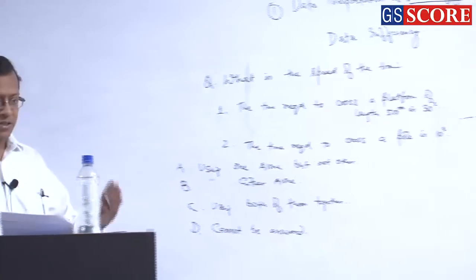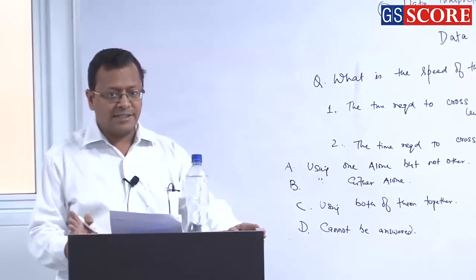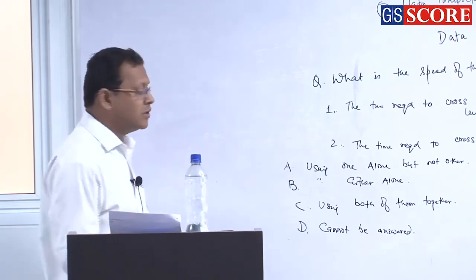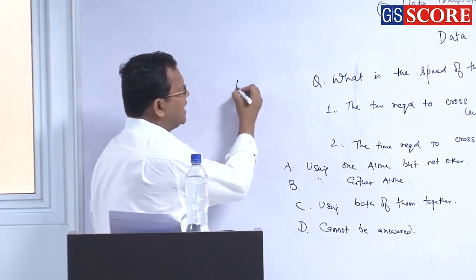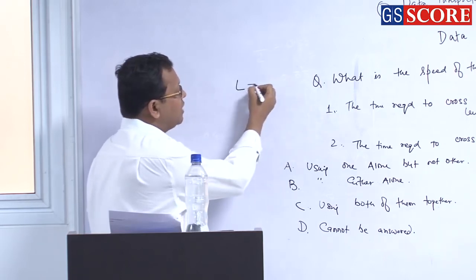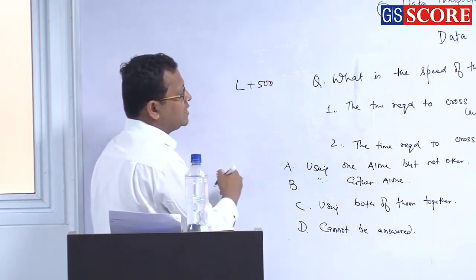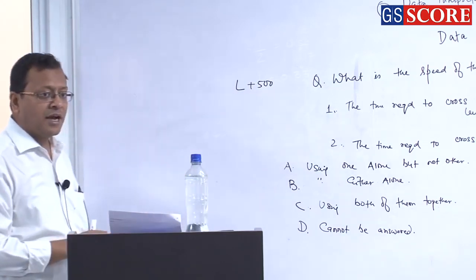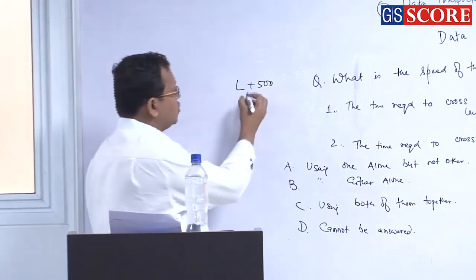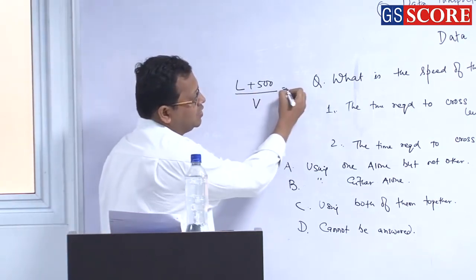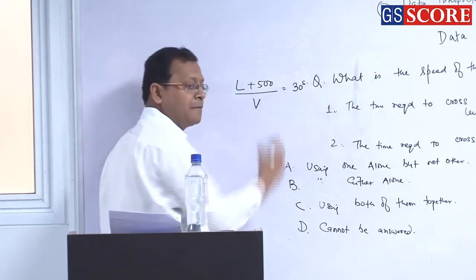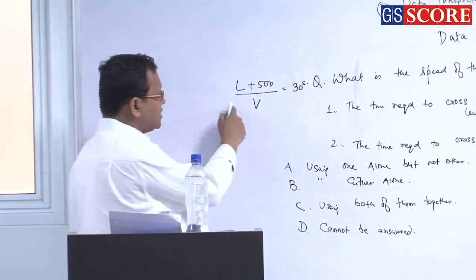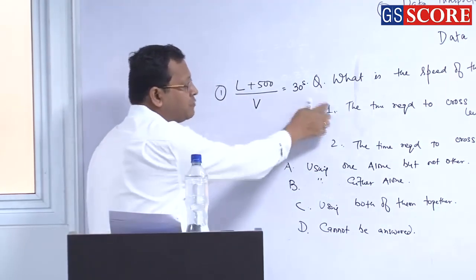So when a train crosses a platform, it calculates its own length as well as the length of the platform. So if the length of the train is L and the length of the platform is 500, the total length that the train has to travel is L plus 500, and if the speed of the train is V, then (L plus 500) by V is equal to 30 seconds. Clear or not? So this is the first equation from the first statement.